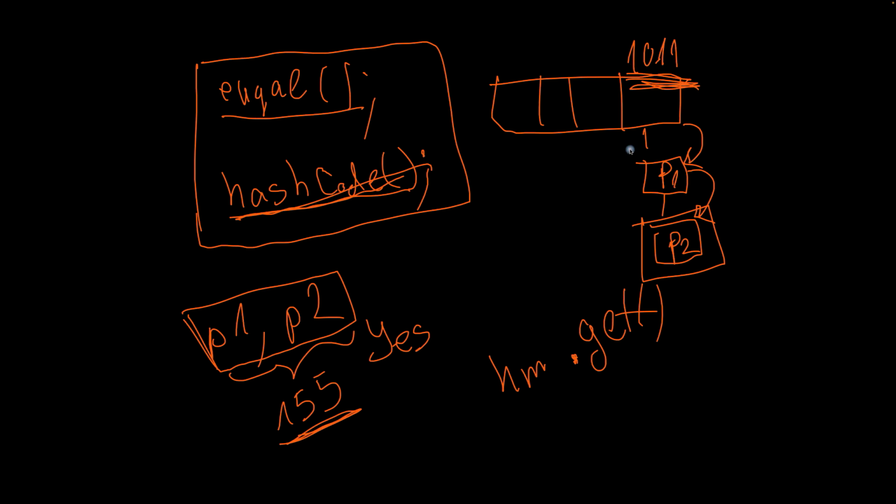We come to some bucket with the hash code and we start iterating with the equals method. If there are no collisions, we just retrieve the value in the bucket, and we are fine. But this is the tricky part.